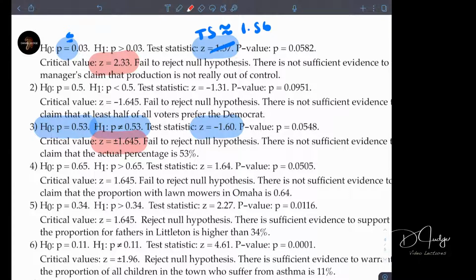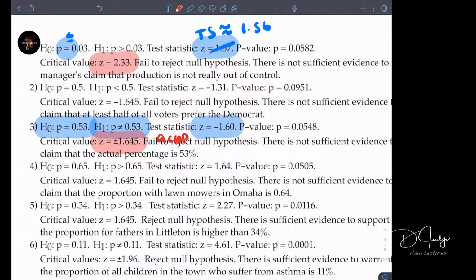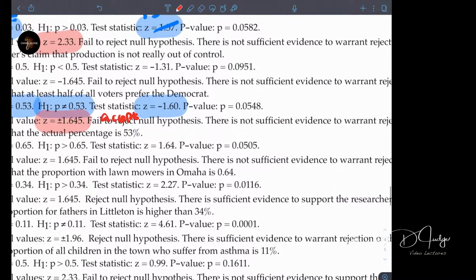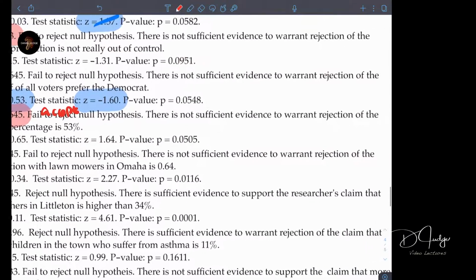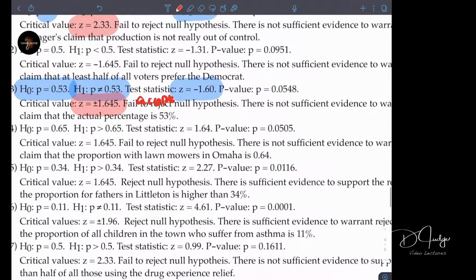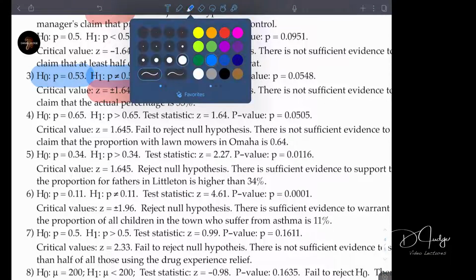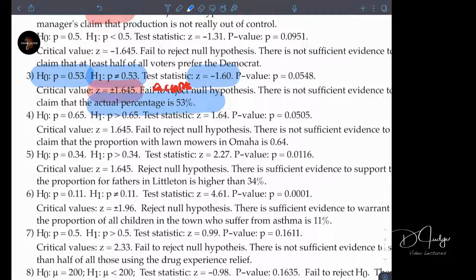Failed to reject the null. Failing to reject is another way of saying accept. If you failed to reject, and it was the null, there is not evidence to warrant rejection. There is not sufficient evidence to warrant rejection of the claim. The actual percentage is 53%.